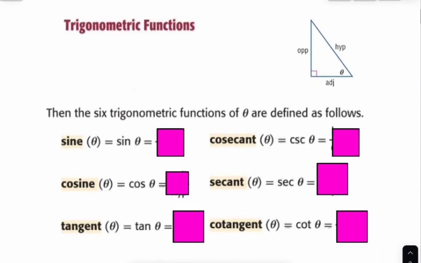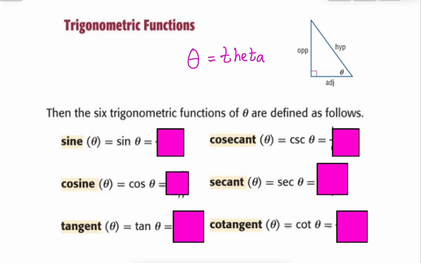So first, let's take a look at a right triangle. There's some things you need to know. This right here, that symbol, is the Greek letter theta. It is customary in a math class to use a Greek letter for our angle measures.